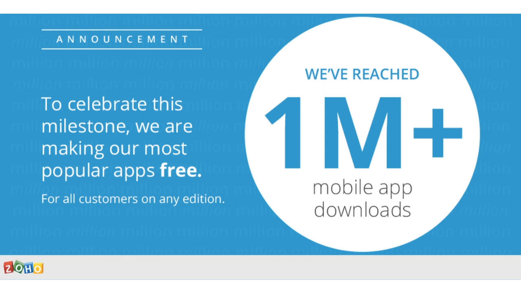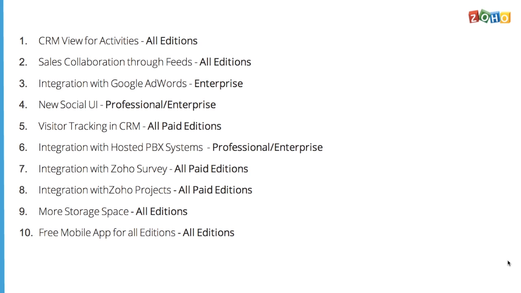Here is a full list of all of the new features that are available in each edition. All editions include the new CRM View feature and the new Feeds feature. We've also thrown in more storage space, and again the free mobile apps. The paid editions include all the features I just mentioned.